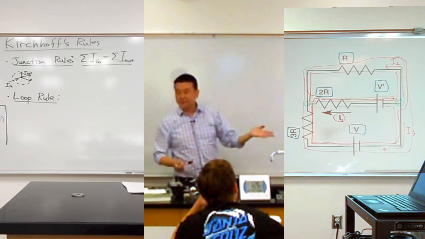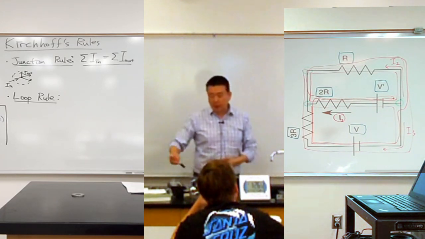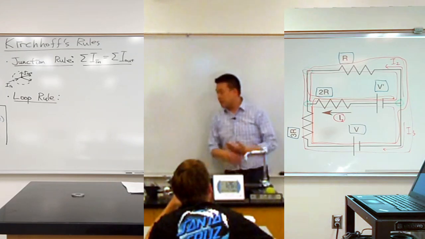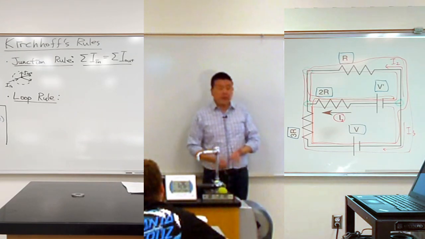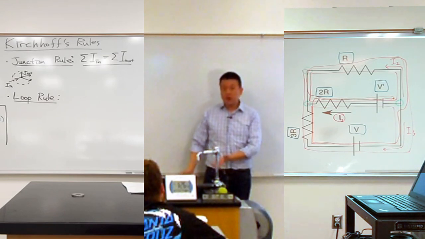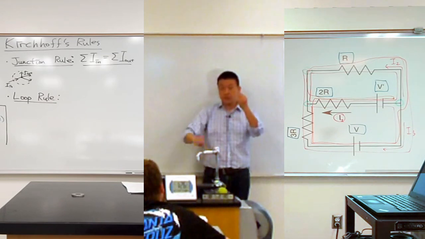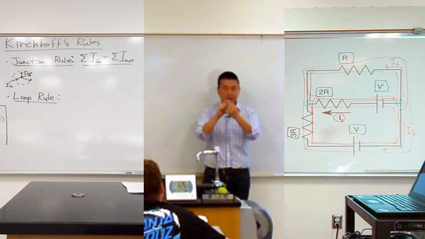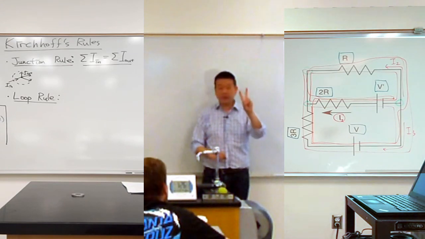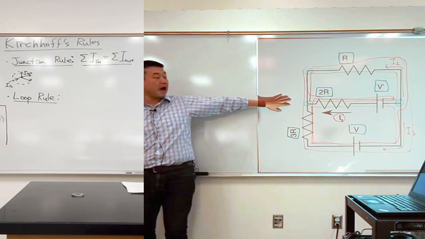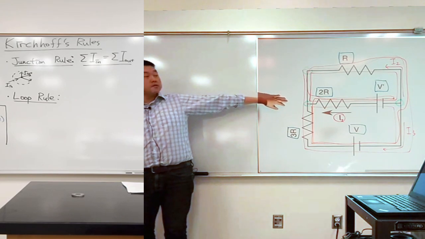So with loops, what I want you to start thinking in terms of is that really the only thing required in a loop is that you start and end at the same point. You can jump around in the circuit. Other than those two things, nothing really restricts how you define your loops.